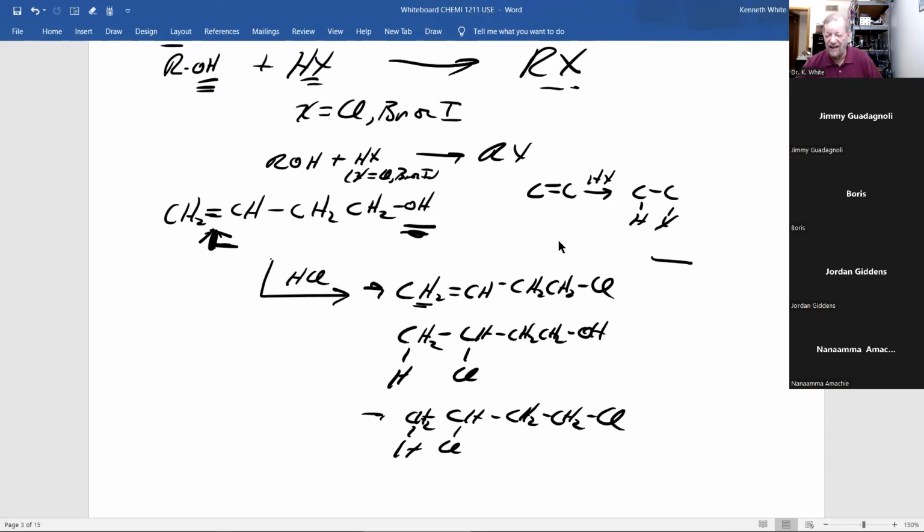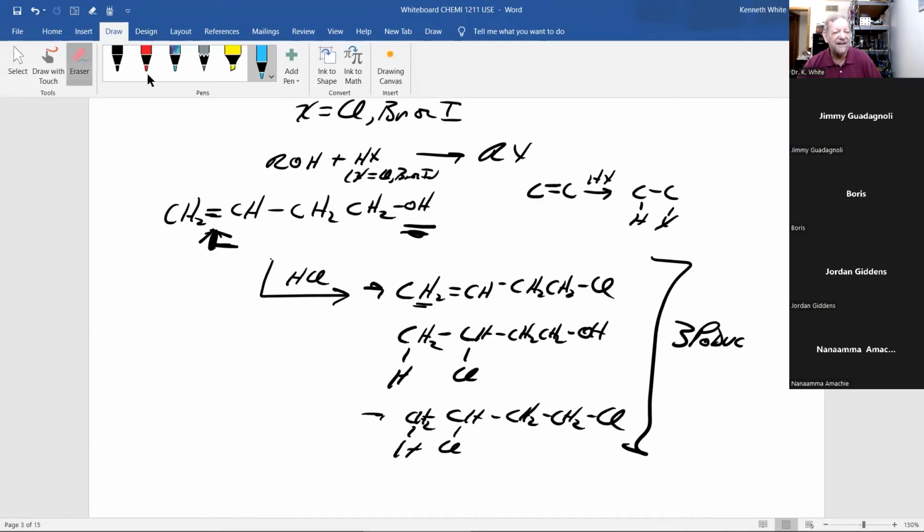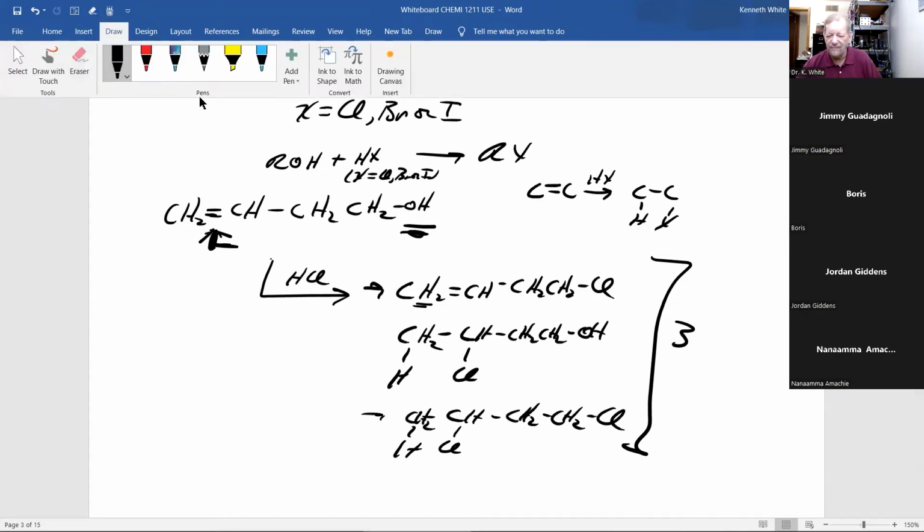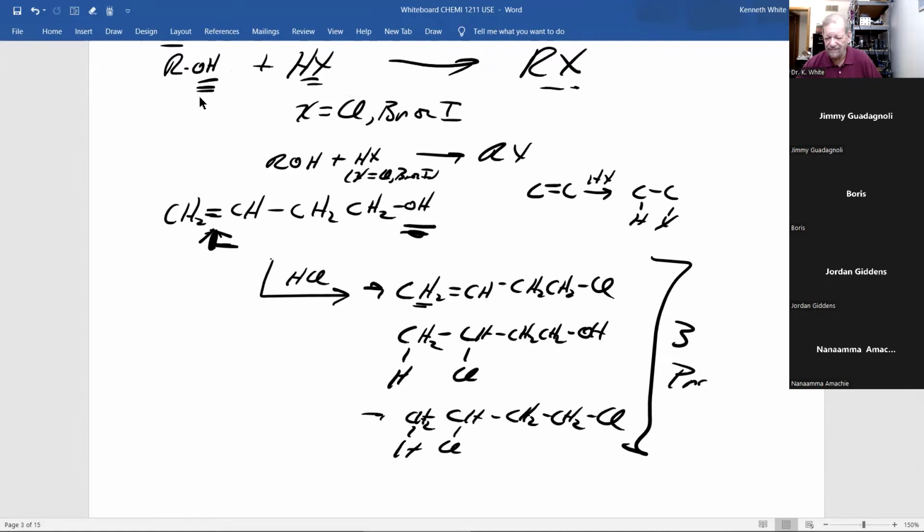And notice I have 3 products. And I'd get a big mess. I don't know which one would be the major product, but there's the possibility of getting all 3. And that's not what I want. I want this only.